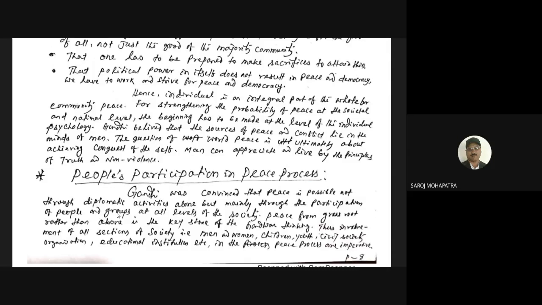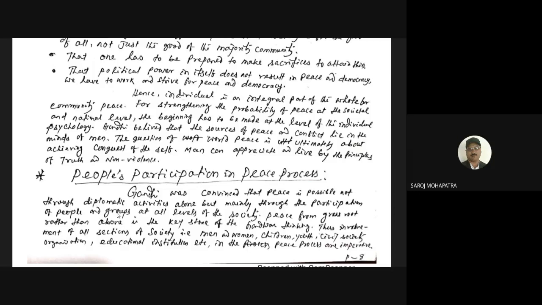Gandhi believed that the sources of peace and conflict lie in the minds of men. The question of world peace is ultimately about achieving the conquest of the self. Man can appreciate and live by the principle of truth and non-violence.